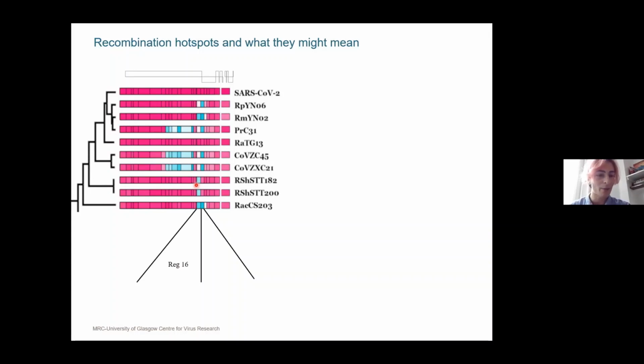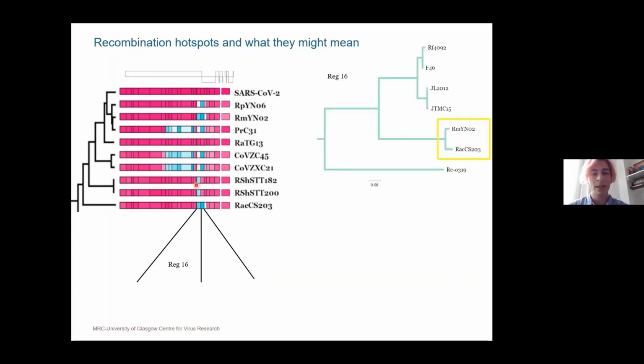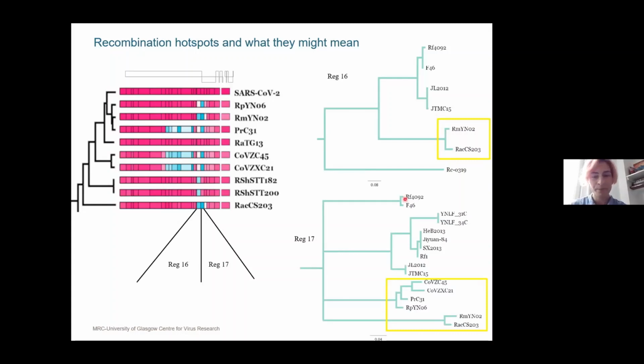And for example, for region 16 here, this is the non-nCoV clade, so far away from where SARS-CoV-2 sits in the phylogeny. And you can see that RM102 and RAX203 share this recombinant bit that's quite closely related. And then for region 17, you can see that these four viruses called 45, 21, and PRC31 or PRY06 jump out to this side of the phylogeny as well, close to here.